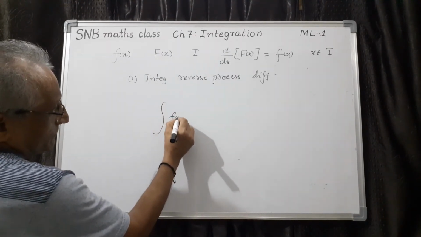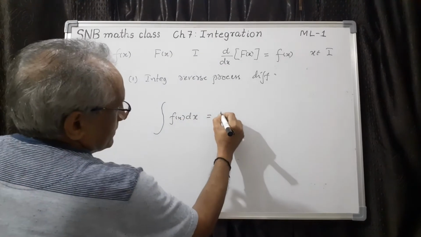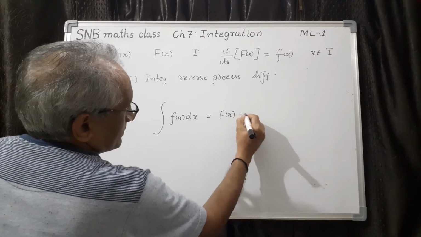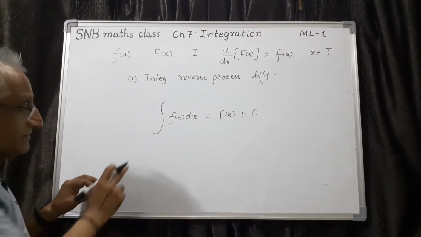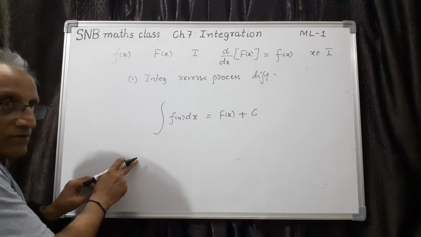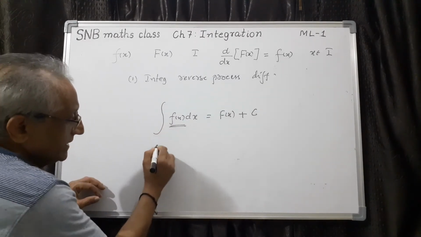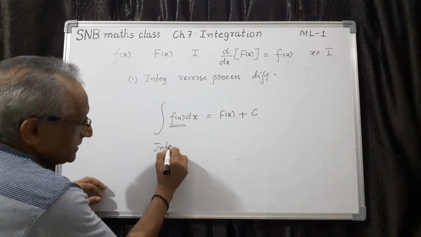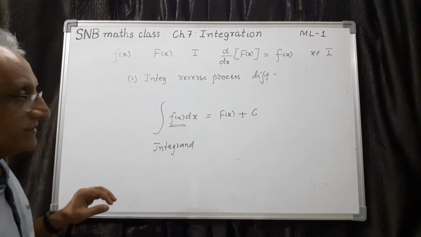Then integral of f of x dx we write, this equals F of x, but we have to write c, and you have to remember the names. This is the symbol of integration. This function is called integrand. I have already told you, integrand. And this is the variable of integration.